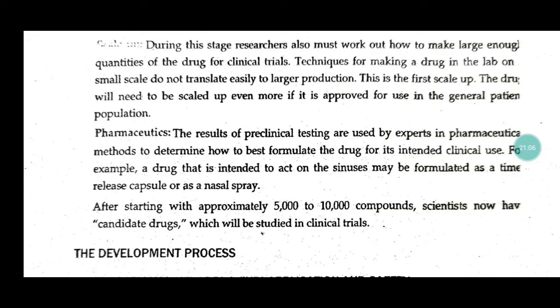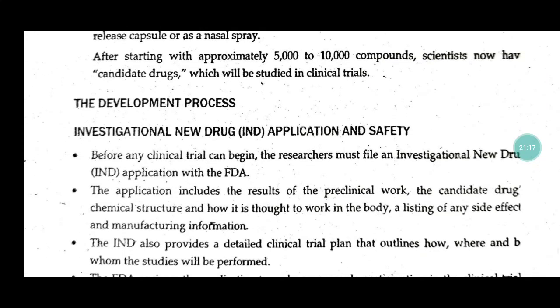After starting with approximately 5,000 to 10,000 compounds, scientists now have candidate drugs which will be studied in clinical trials. The next stage in preclinical development is the IND, that is investigational new drug application, and safety.